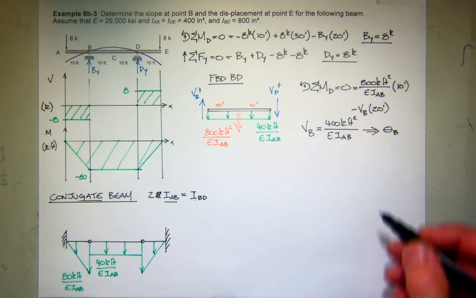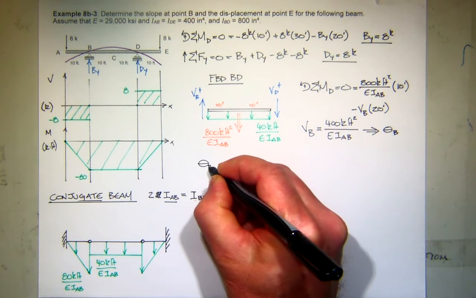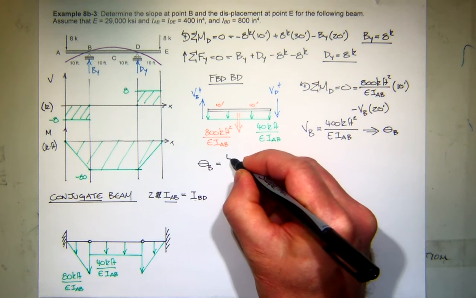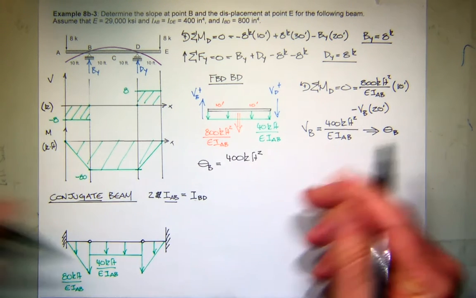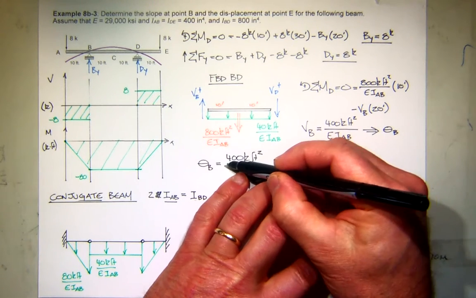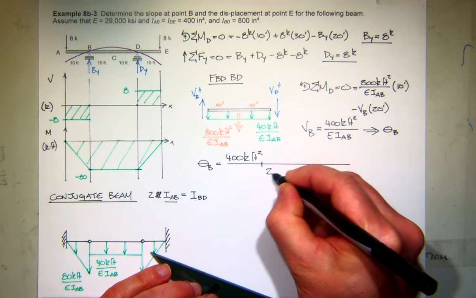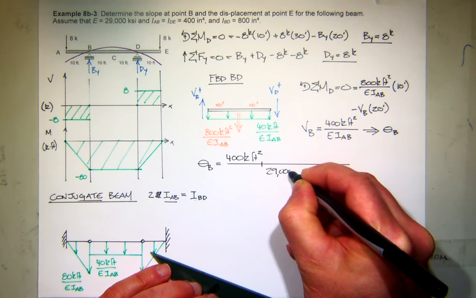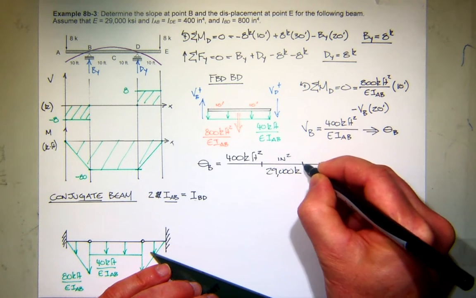So what is the actual value of that? The shear at B, which is 400 kip-feet squared, I just need to divide by E and the I at AB. So first E, which is 29,000 kips per inch squared.